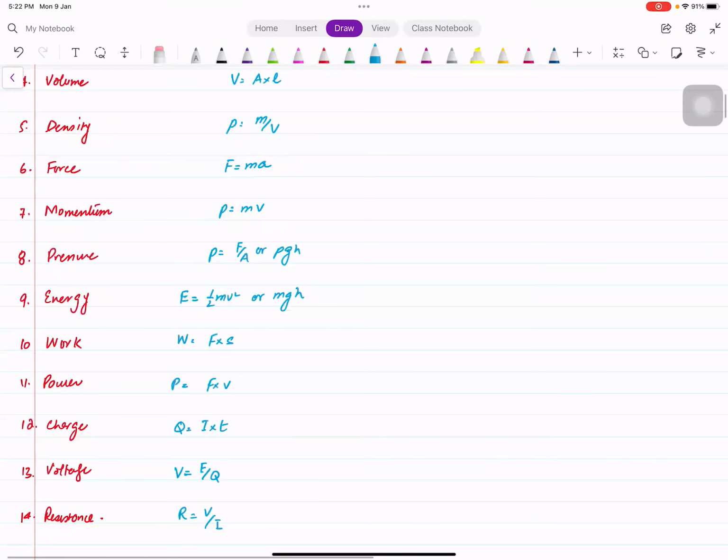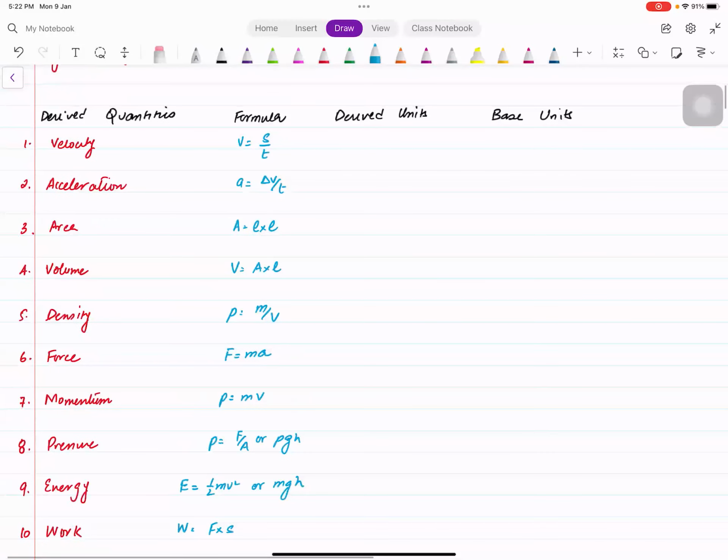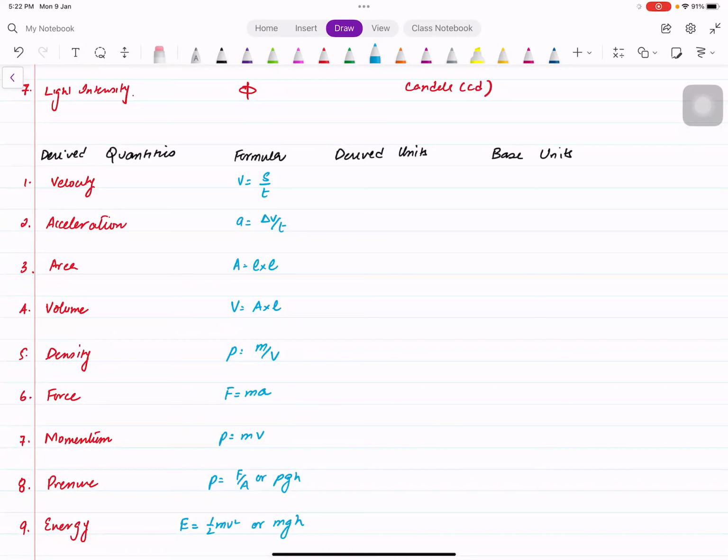Now, from velocity, let's try and do this. The derived units of velocity are the same as the base units, so it's meters per second, and base units are meters per second as well. The acceleration is meters per second squared, and base units are meters per second squared as well. Area is meter squared and meter squared.